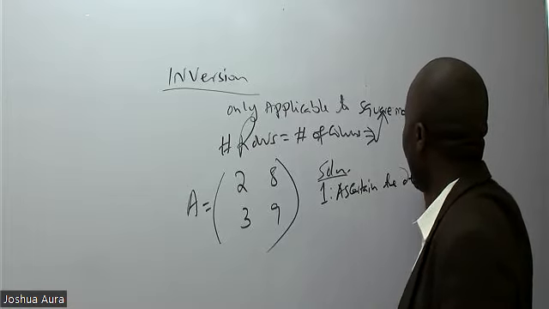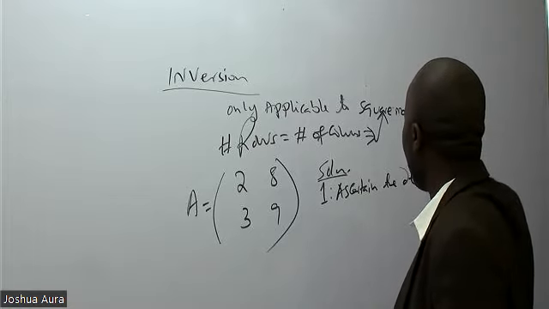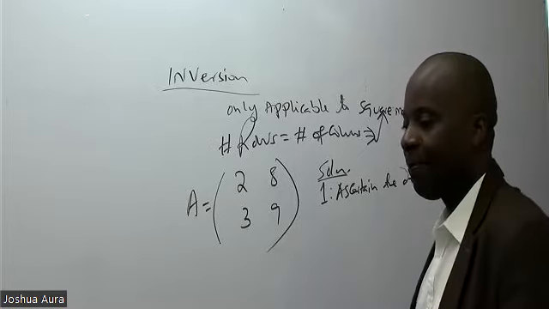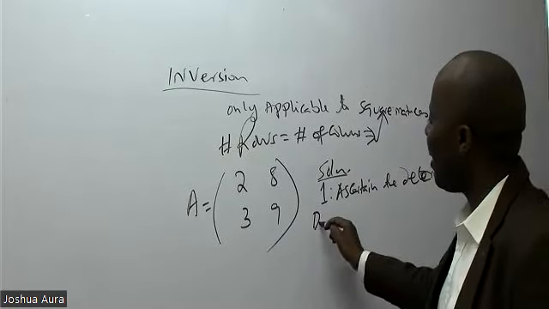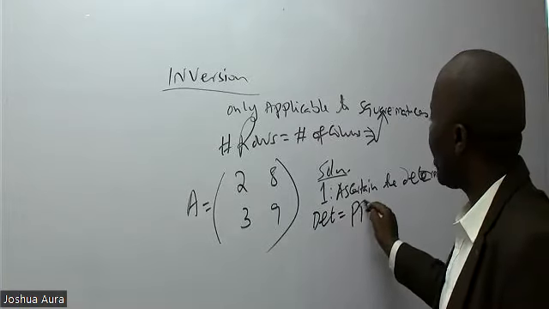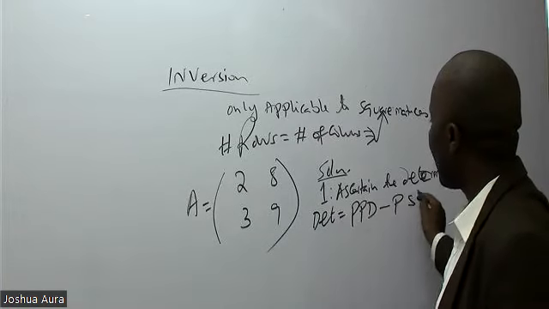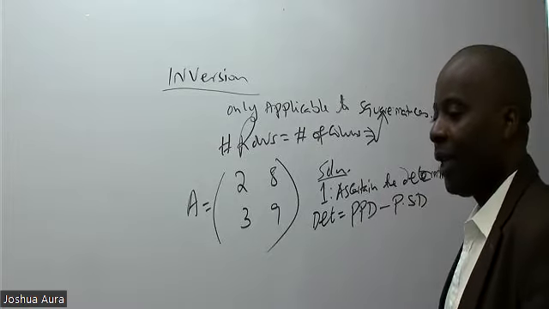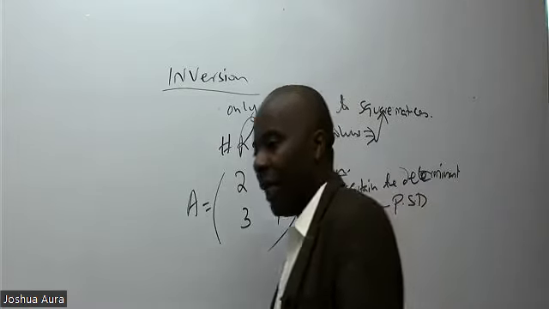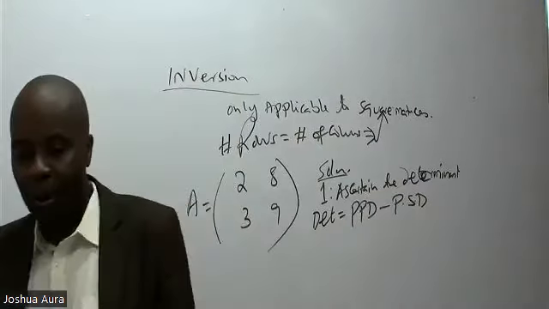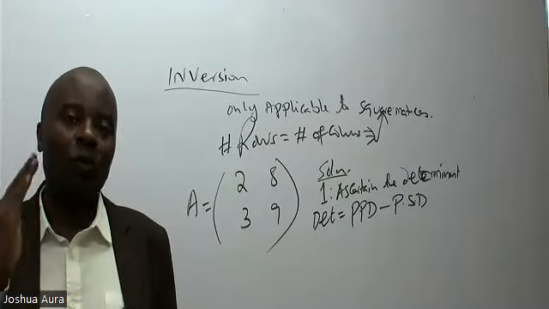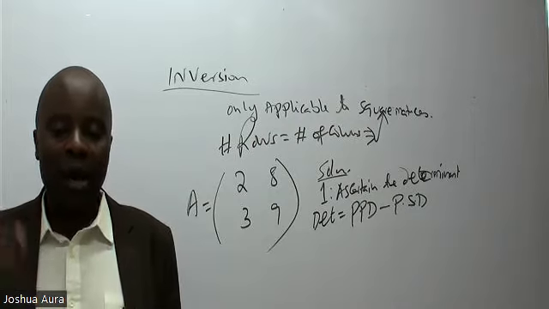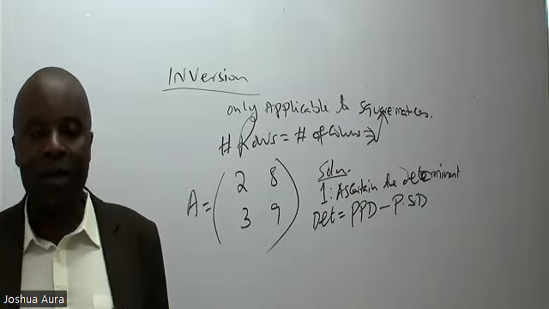So the first step is to give us the determinant. And how do we get the determinant? Getting the determinant is very easy. You take the PPD minus the PSD. Anytime they want you to get the determinant, you take the product of the primary diagonal minus the product of the secondary diagonal.